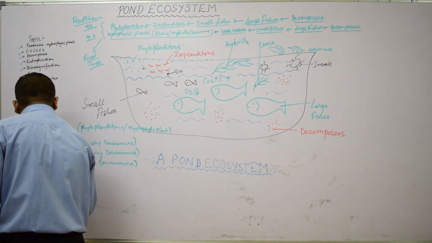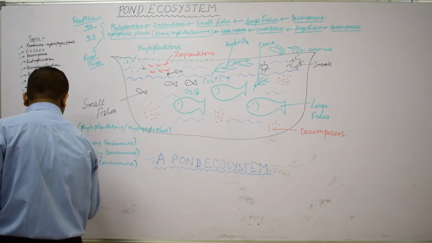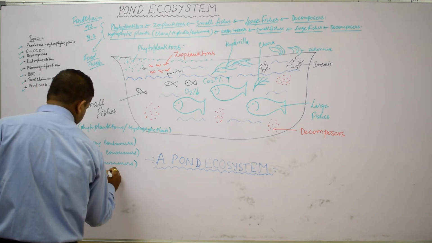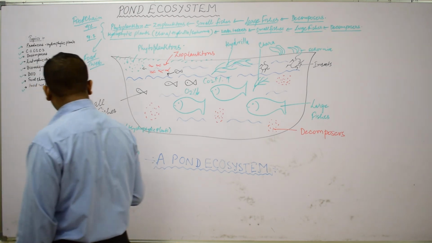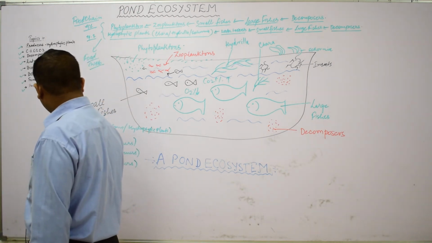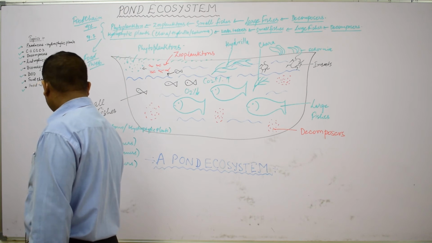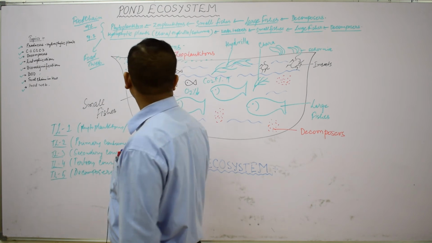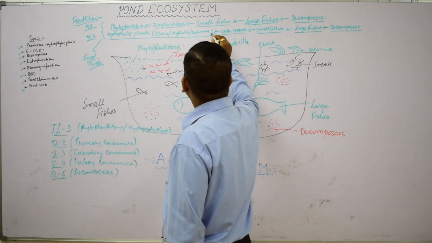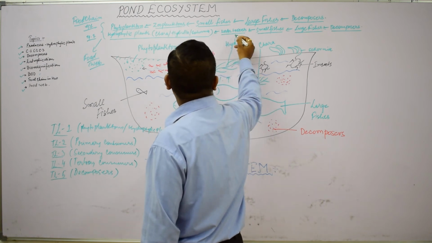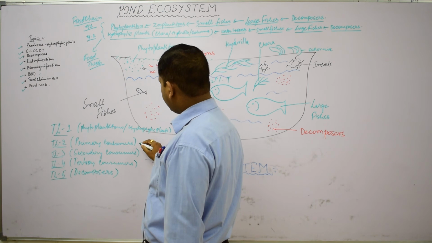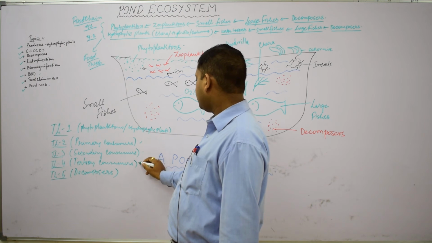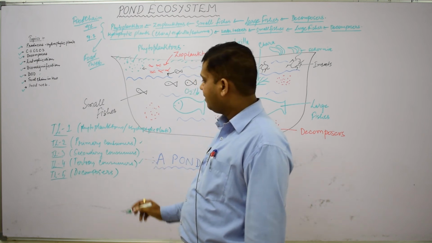In trophic level 5 we have decomposers. So, these are the 5 trophic levels we can see in pond ecosystem, where the hydrophytic plants, then primary consumers, they are basically your small fishes or zooplanktons as well as water insects. Secondary consumers are small fishes, tertiary consumers are large fishes, and decomposers are there. So, we have 5 trophic levels.